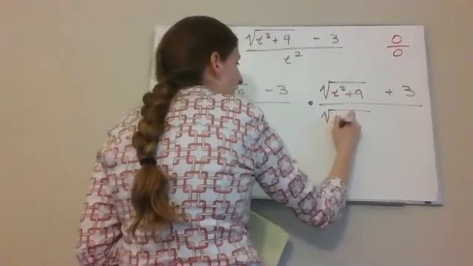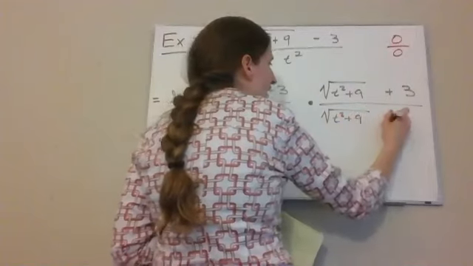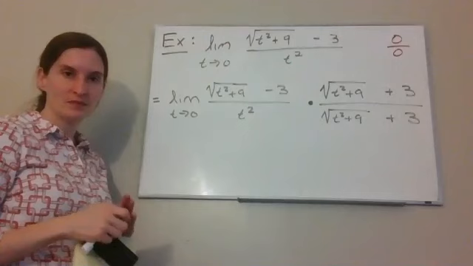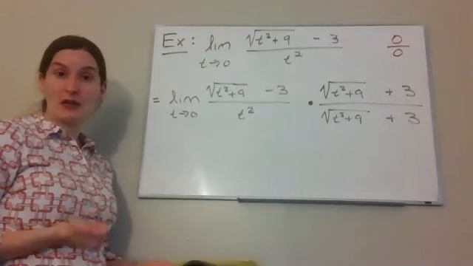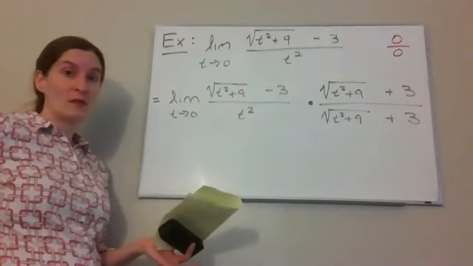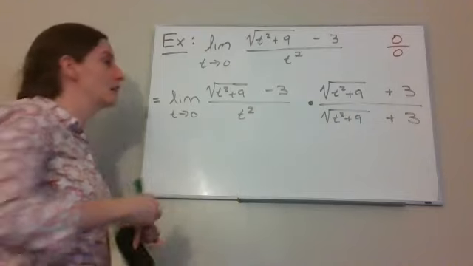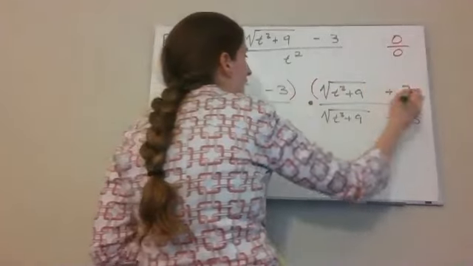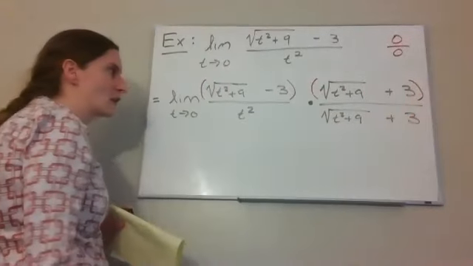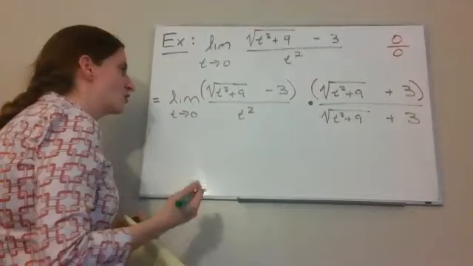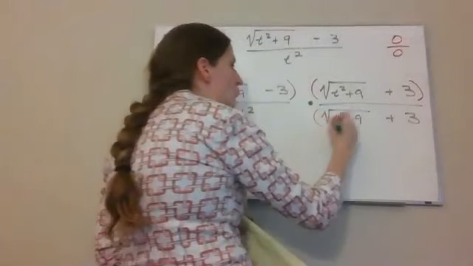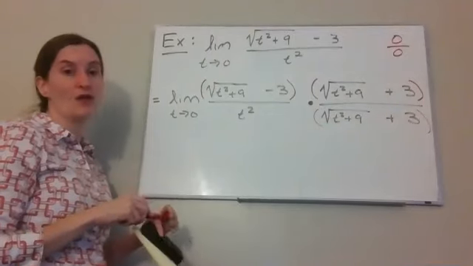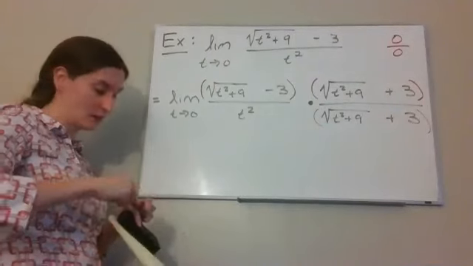So I'm going to have my square root of t squared plus 9 plus 3 instead of a minus 3. Now, I know that looks really crazy right now, but trust me, this is going to make our lives a lot easier. So on the top, I would suggest you put some parentheses around this to emphasize the fact that we're going to be distributing. And I would suggest that on the bottom, you don't distribute. You just keep it written as t squared times all of that other stuff in parentheses.